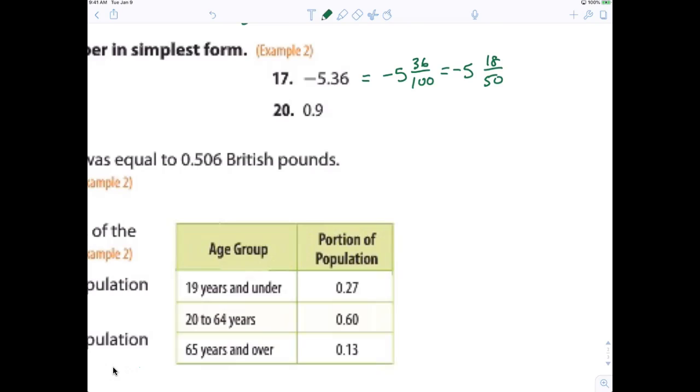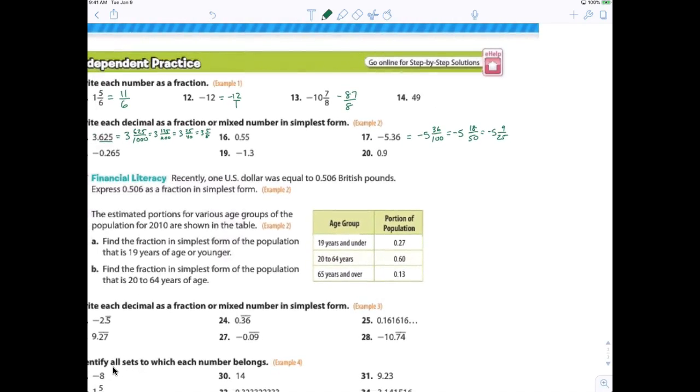So what do I get? There you go, guys. Divided by 3. Yep. And then what do you get on the bottom?